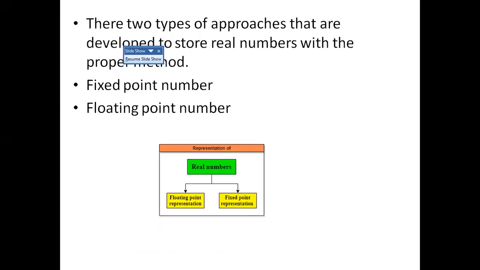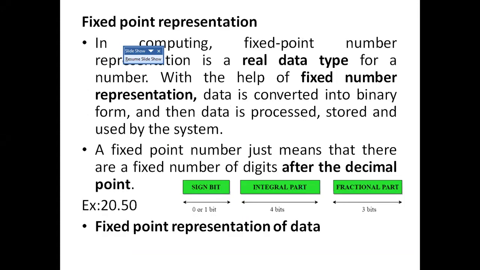In computers, data representations are commonly divided into two types: fixed point representation and floating point representation. First, fixed point representation comes under the real data types.